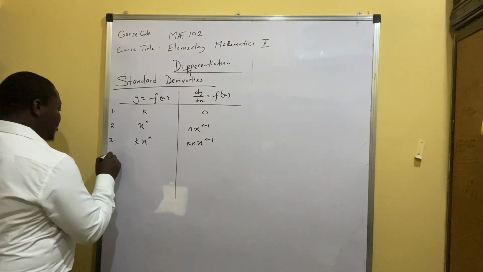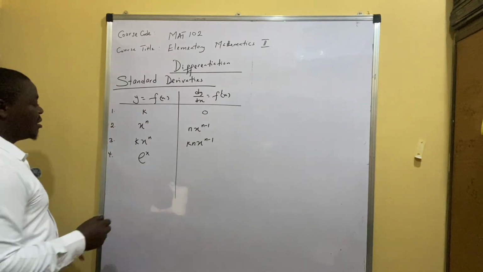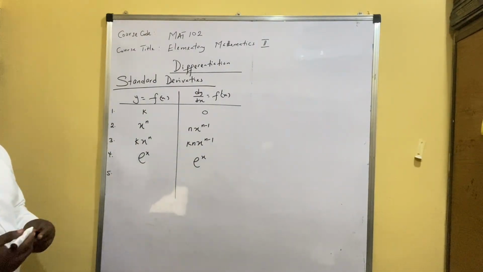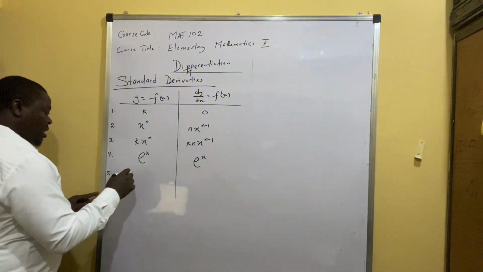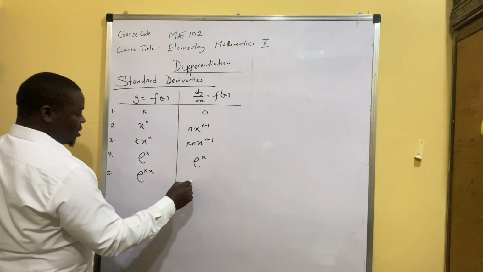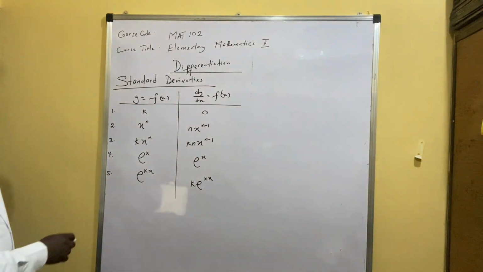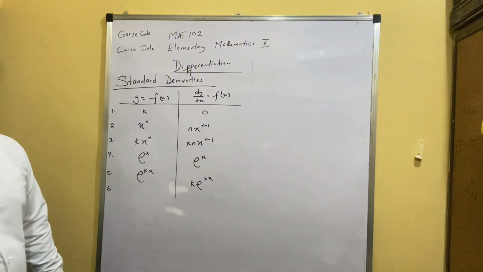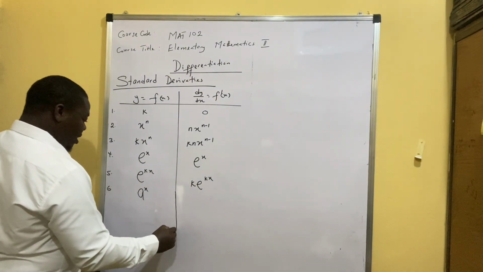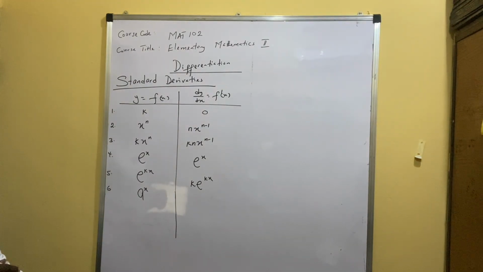Exponential x: if you differentiate e^x, that will still be e^x. If you differentiate e^(kx), that will be k e^(kx). Number 6: differentiate a raised to the power x, where a is any constant.